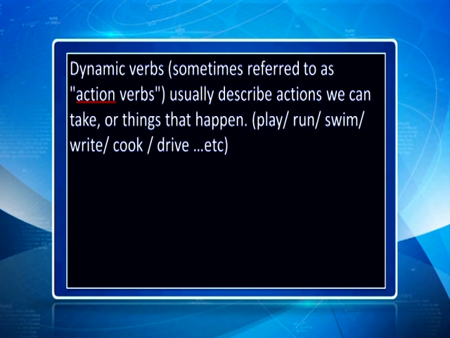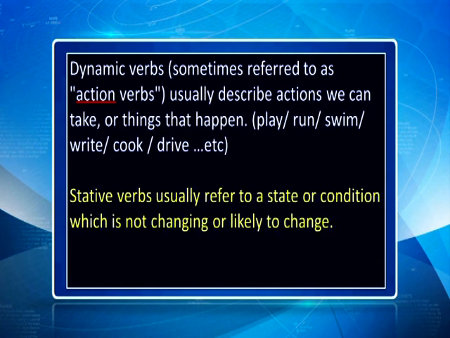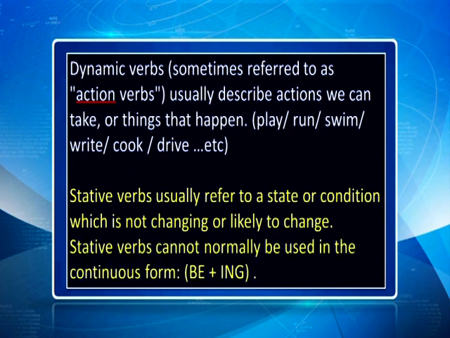All right? In contrast, stative verbs usually refer to a state or condition which is not changing or likely to change. Sometimes a stative verb describes a state or a condition which is in fact true and cannot change. Now let's see examples.